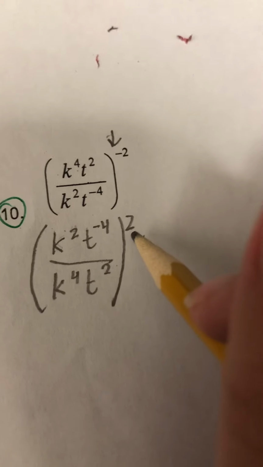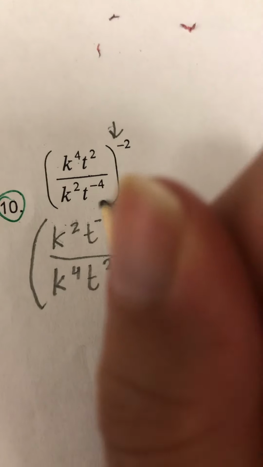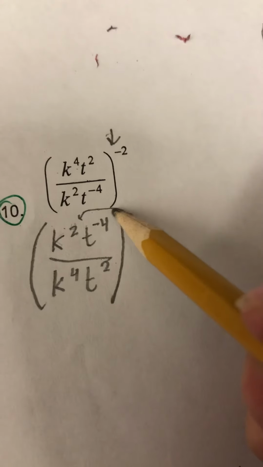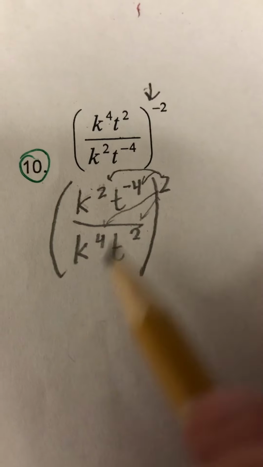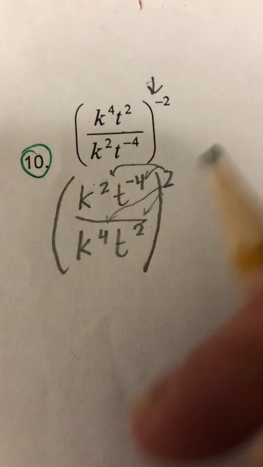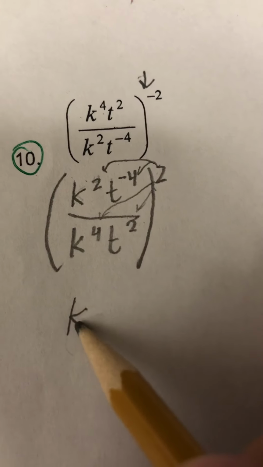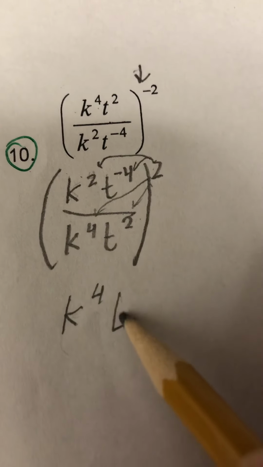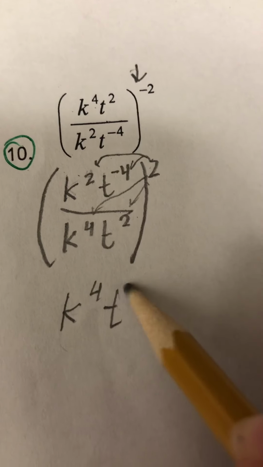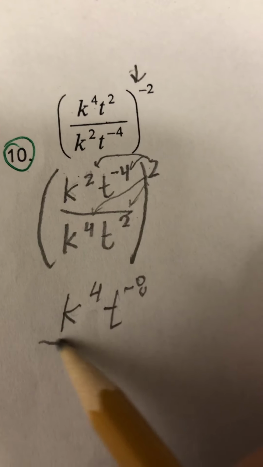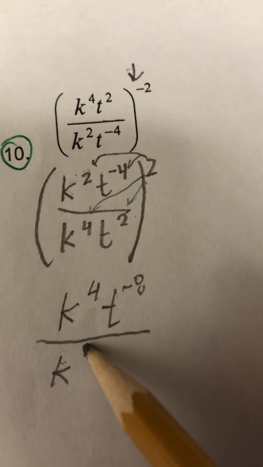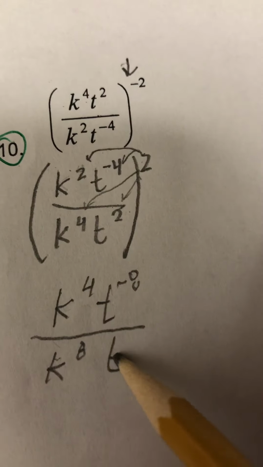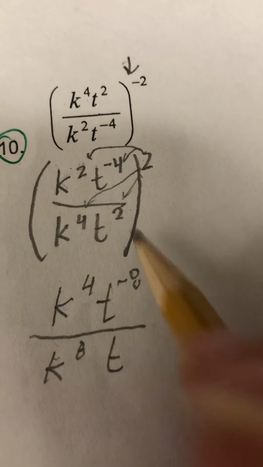Now we have that power rule, so this needs to be distributed to both the top and the bottom. So on the top, we did k to the 2, so negative 4 times 2 is -8. 4 times 2 on the bottom is 8. 2 times 2 is 4.